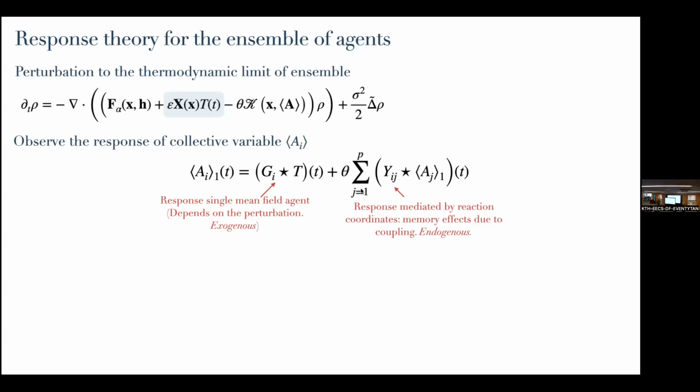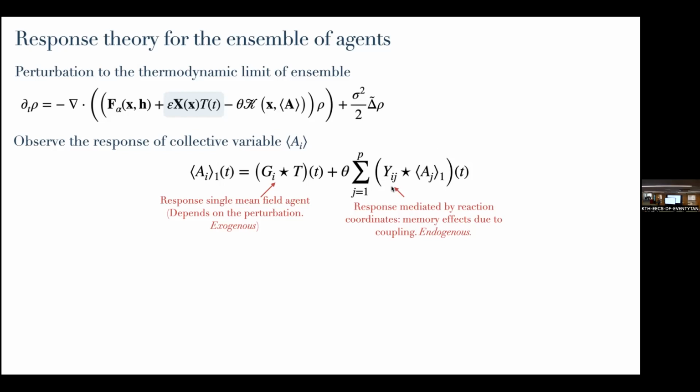But then there's a second part, and the second part is due to the coupling, because you can see here that it is proportional to theta, and it depends on all the other reaction coordinates, the collective variables A that we defined before, that are happening in the system. And this response is mediated through a different Green's function that we called endogenous, because it's just related to properties intrinsic to the system.